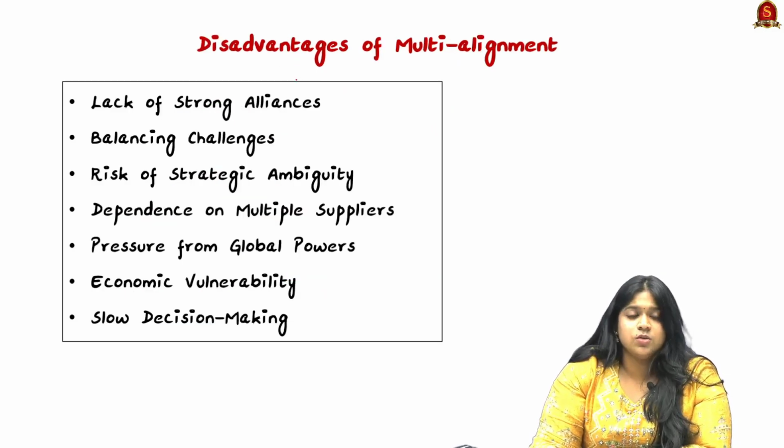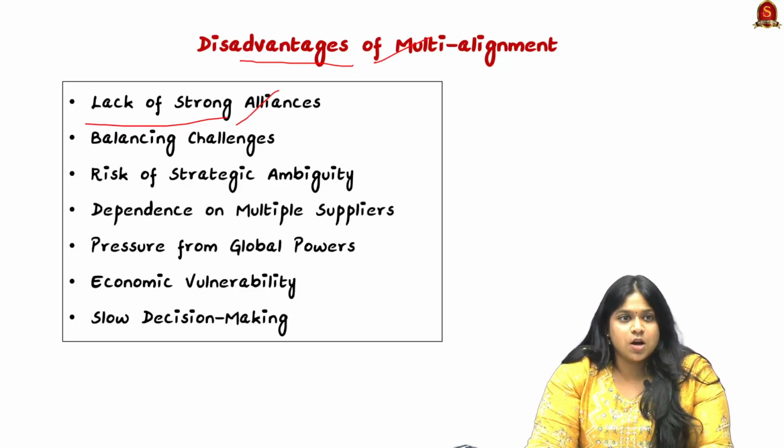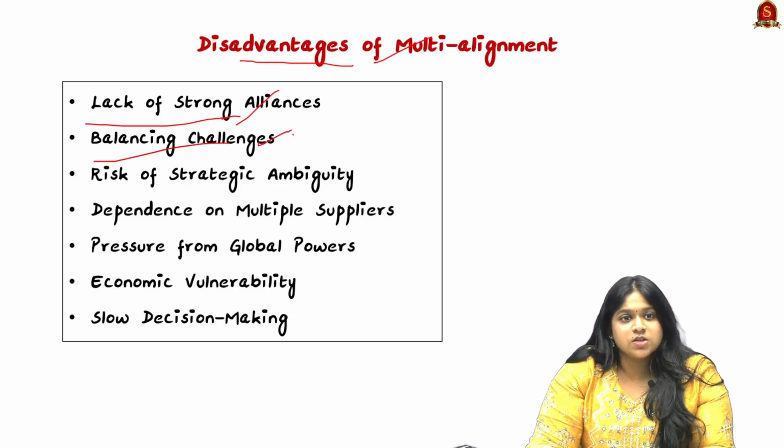But we should also see the disadvantages of this multi-alignment. It leads to lack of strong alliances. When there is multi-alignment, we won't have much reliance on one particular strong alliance. The next is balancing challenges, as we are in multiple partnerships with rival powers such as the US and China.